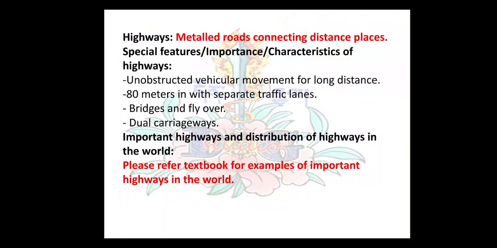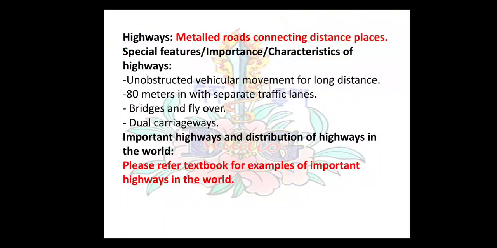So first thing is, we need to know the meaning of highways. Highways are metalled roads connecting distant places. Metalled road in Hindi we can say pakka road. Those roads which are constructed with tar, pakka road, are called metalled roads.